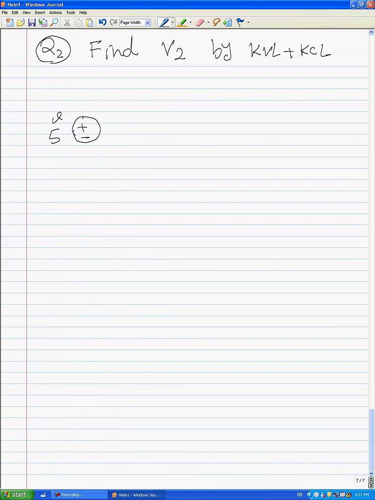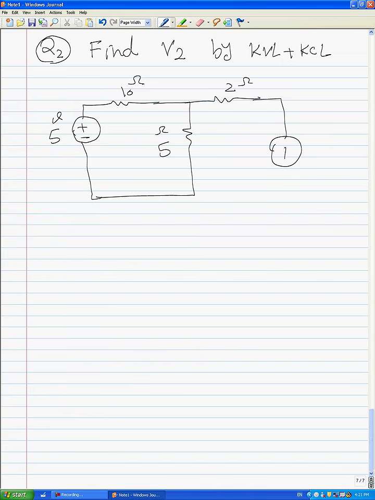We have 5 volts here, 10 ohms here, 5 ohms here, 2 ohms here, and 2 amps here. The V2 is defined here.